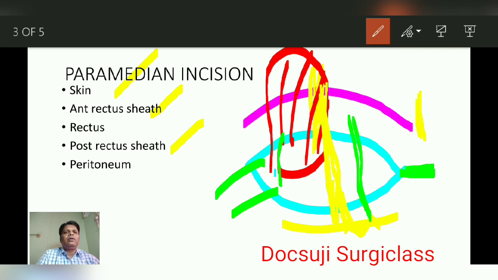The advantage of the paramedian incision is that you put the rectus muscle back into its original position and close all these layers.